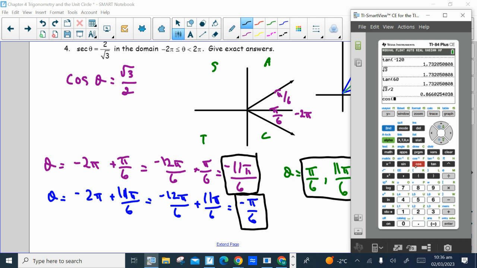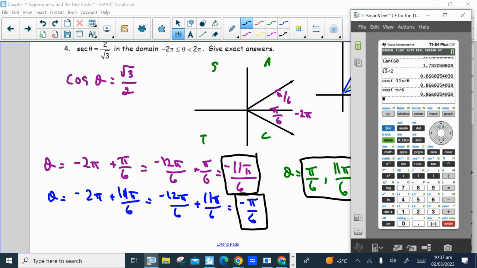So the cosine of negative 11 pi on 6 should be that 0.8660 decimal, and it is. The cosine of negative pi on 6 should be that same decimal, and it is.